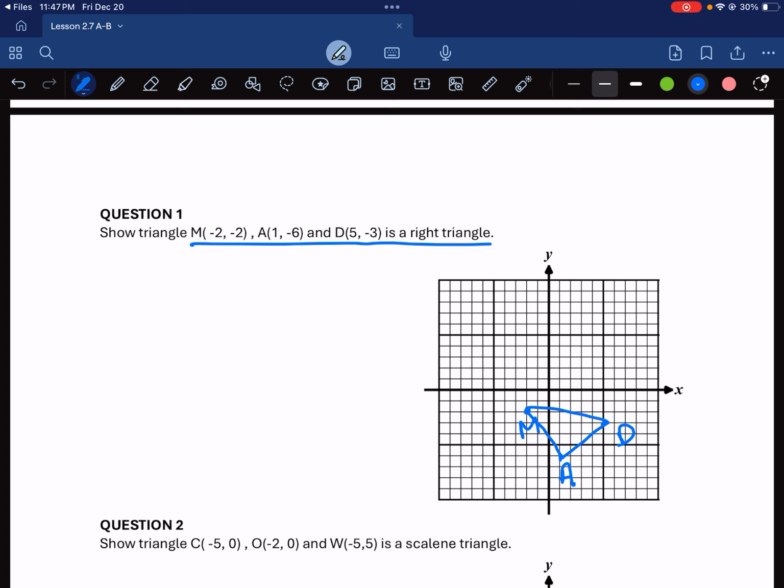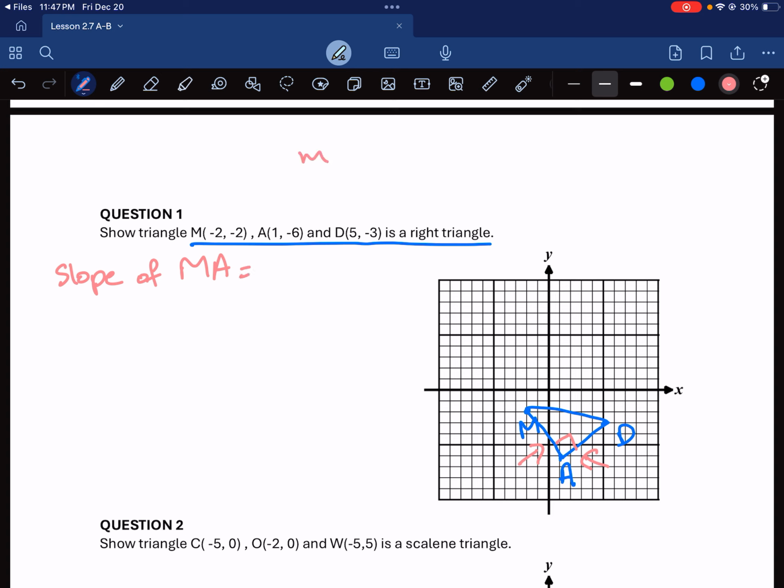So that's our triangle. Now, looking at it, you can kind of tell that these two look like they're perpendicular, and it looks like the right angle is right there. So let's go ahead and find the slope to make sure they're perpendicular. We're going to find the slope of MA.